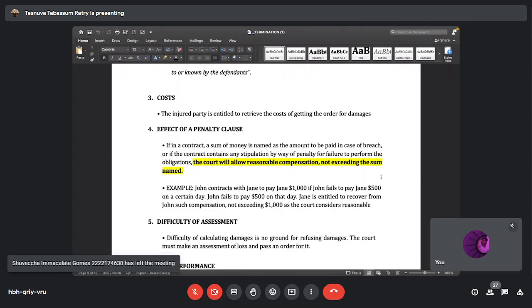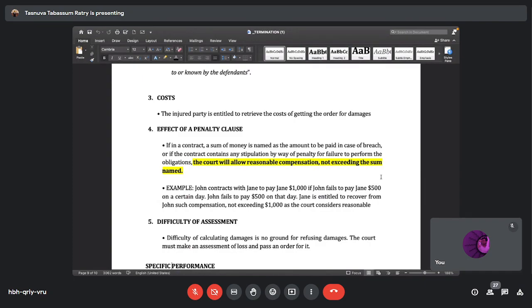When you're filing a case, you have to pay your lawyers. There are certain legal costs involved for collecting the papers and submitting the papers. So all this legal cost will also be entitled to be retrieved from the other party. So the aggrieved party is entitled to also retrieve all the legal costs of getting the order for damages.